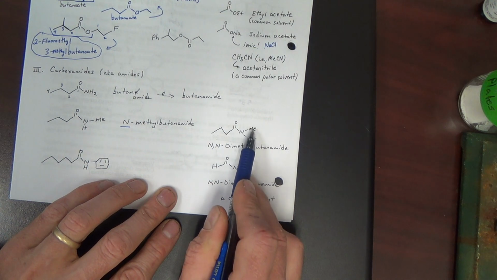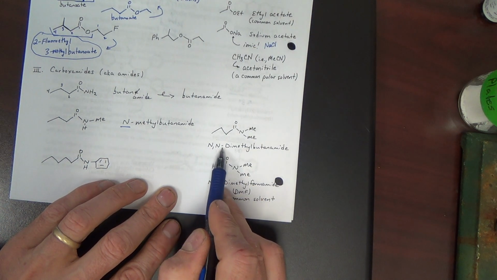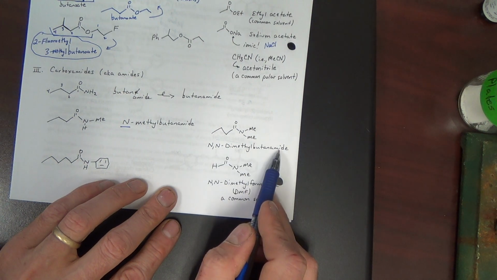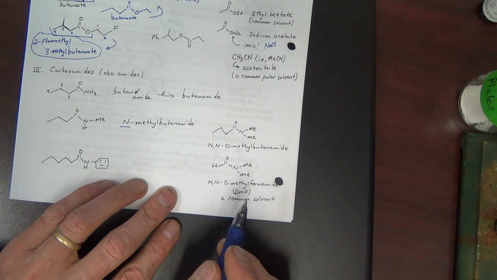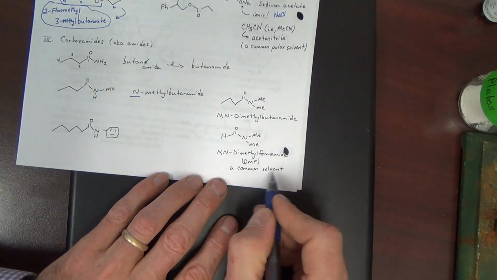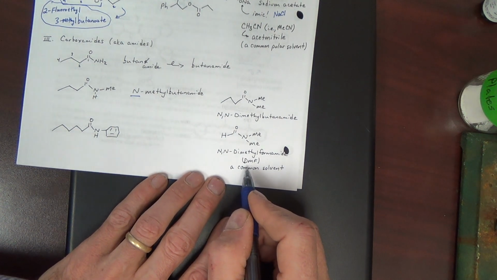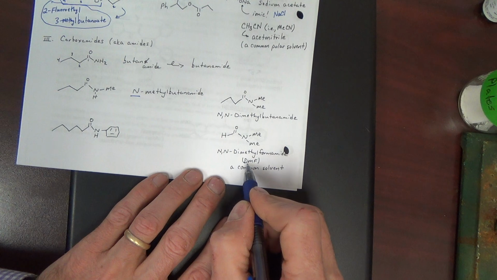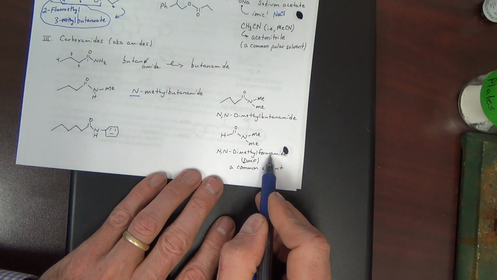Now, if the groups were different, maybe if one's methyl, one ethyl, you would say something like N-ethyl-N-methylbutanamide. A common amide, a common solvent, is DMF. Fairly common in the lab. DMF stands for N,N-dimethylformamide.